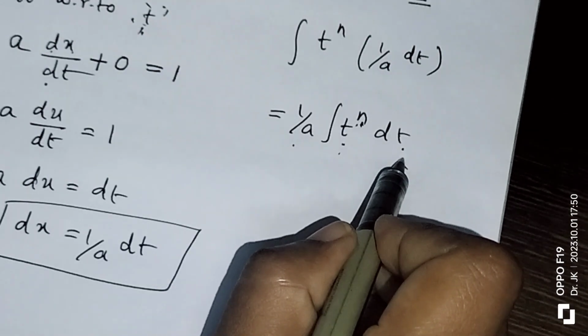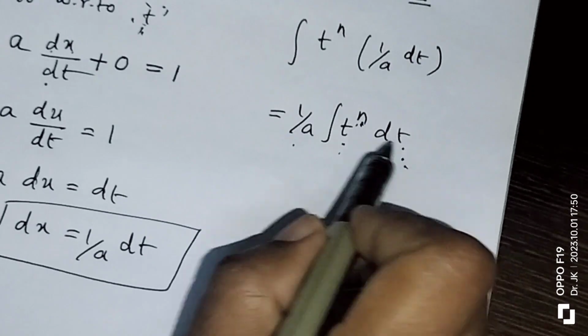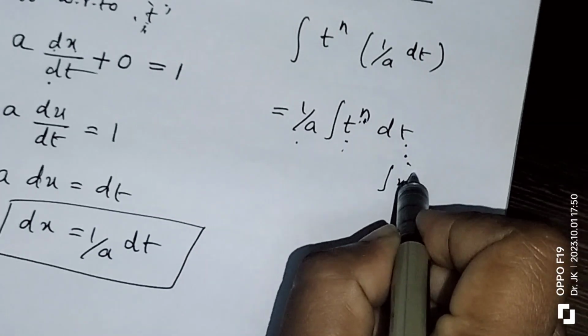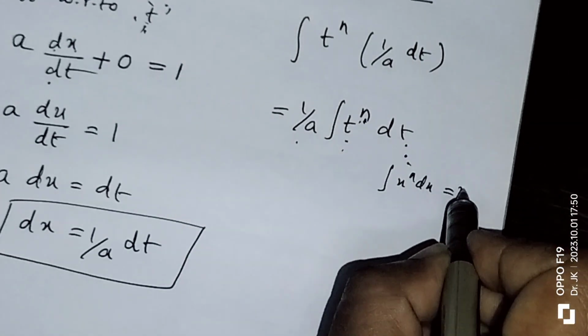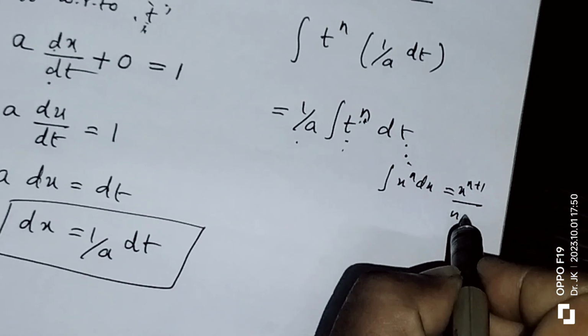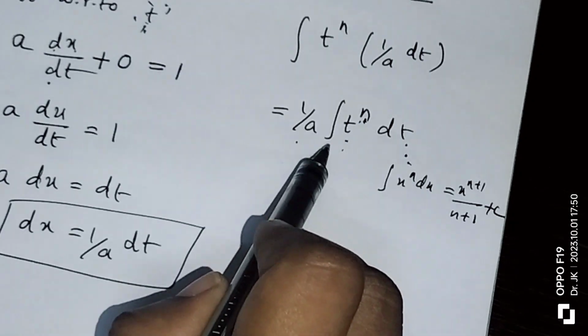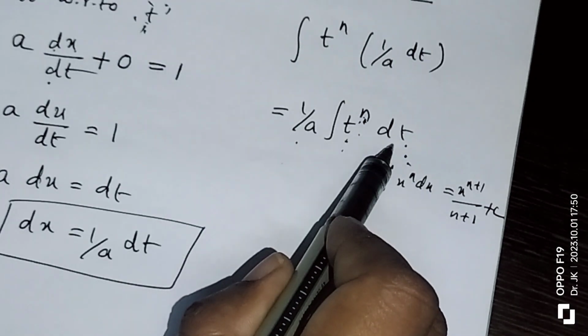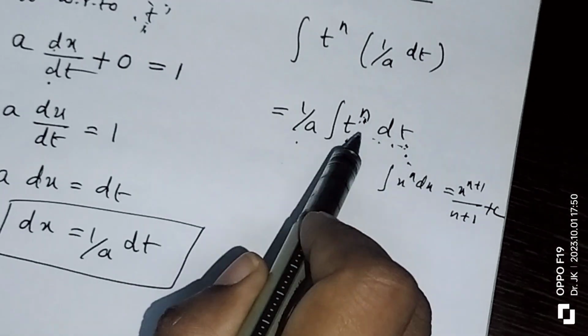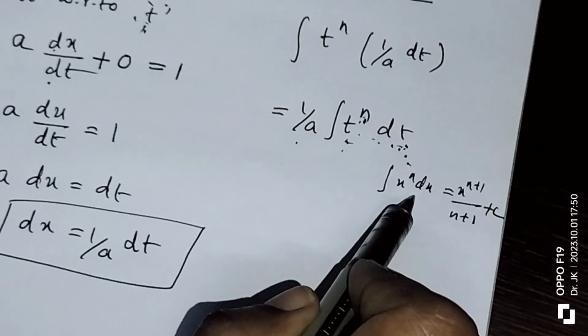So you can apply the formula, as this is like x power n into dx, which gives x power n plus 1 by n plus 1 plus c. Here we integrate t with respect to t, just like x with respect to x.